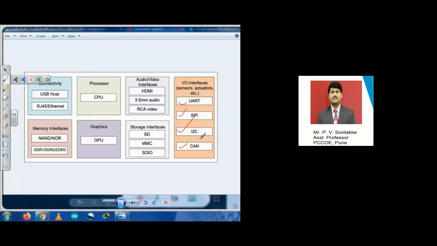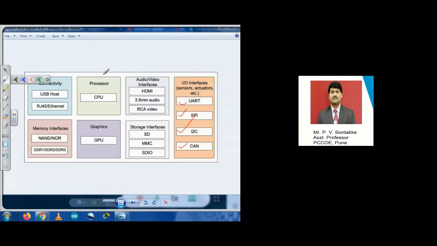But because of its popularity, nowadays CAN is used in different appliances, smart televisions, and different kinds of IoT devices, where devices communicate with each other using this very popular CAN protocol, isn't it?